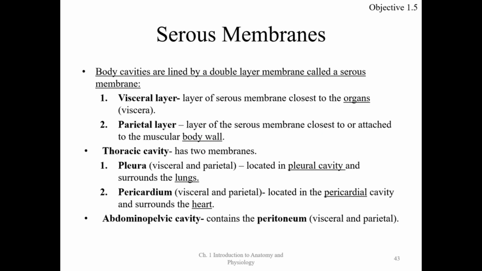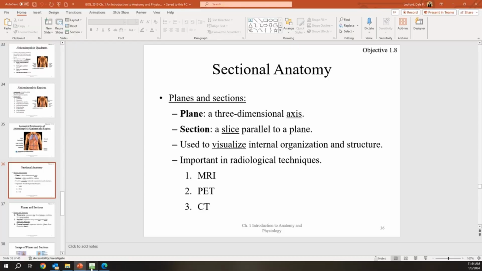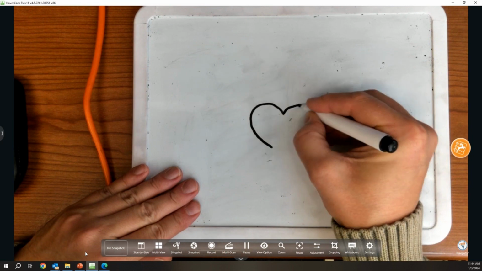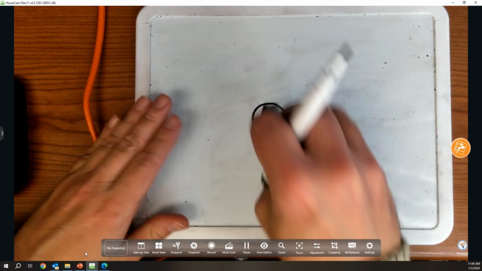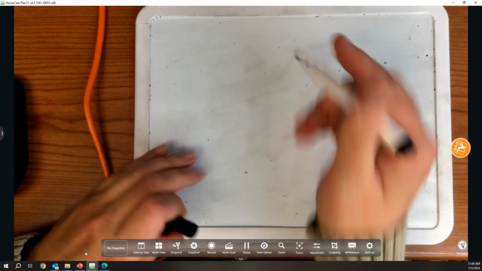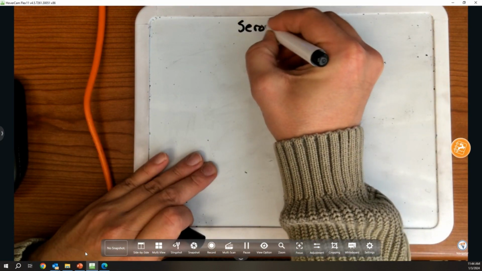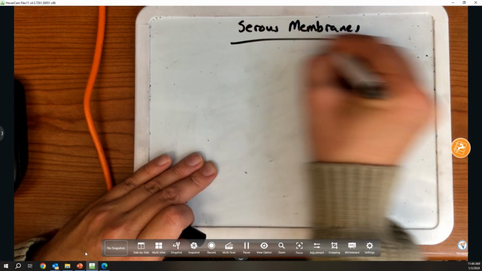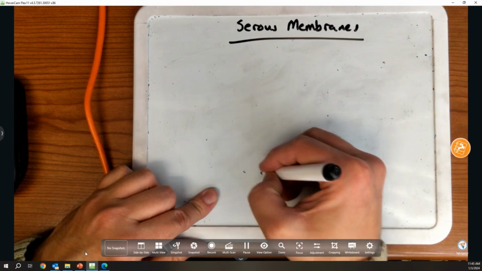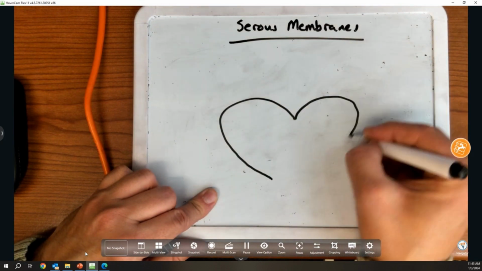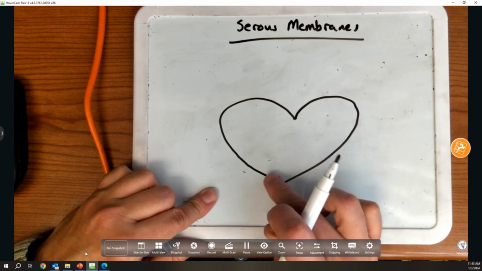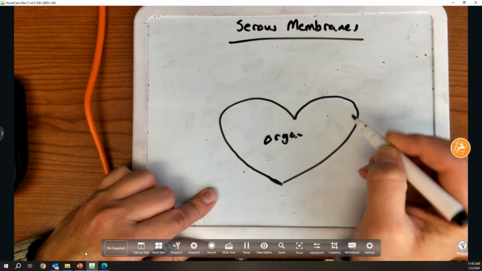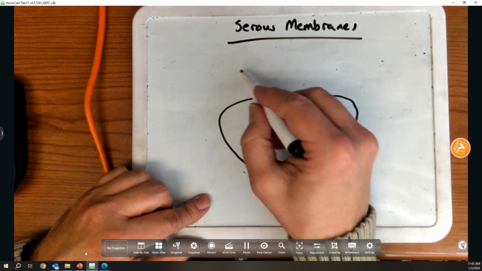Now, there are serous membranes. And let's talk about this a little bit. There are visceral and parietal layers. I'm going to go ahead and do this. Let's say we have an organ right here, like the heart, for example, okay?